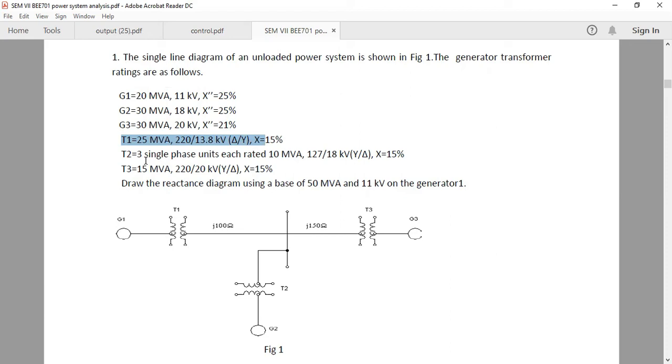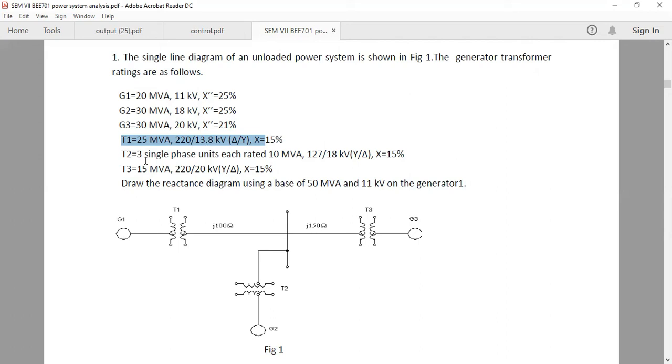Its voltage rating is 127 by 18 kV. Its connection is Y delta and its reactance is 15%. Transformer T3 has a power rating of 15 MVA, 220 by 20 kV, Y delta and its reactance is 15%. Draw the reactance diagram using a base of 50 MVA and 11 kV on generator 1.